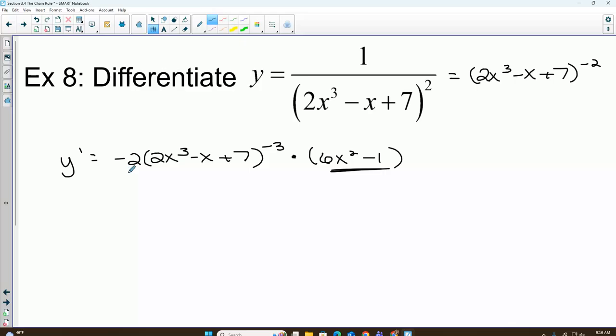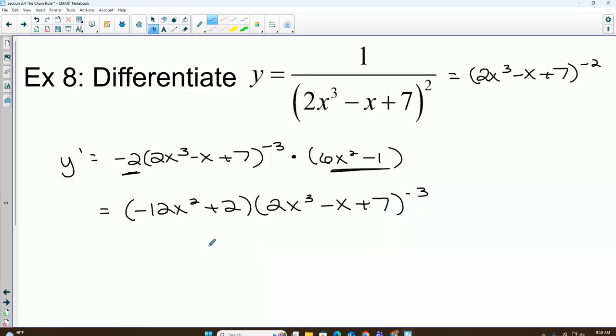So again, you can multiply these two things, but what do I have to put? Parentheses, so it would be -12x squared plus 2 times 2x cubed minus x plus 7 to the -3. Or you could write the 2x cubed minus x plus 7 to the third on the denominator.